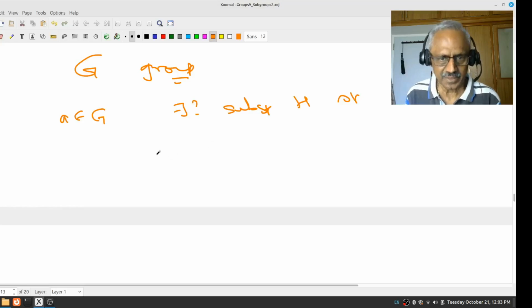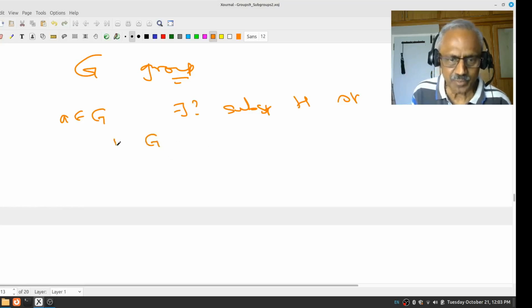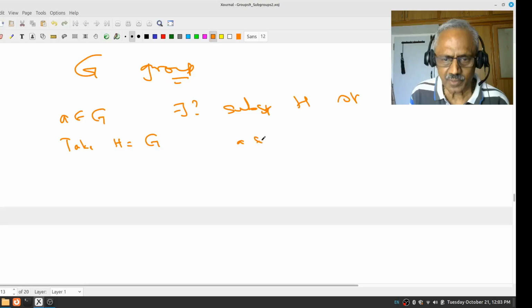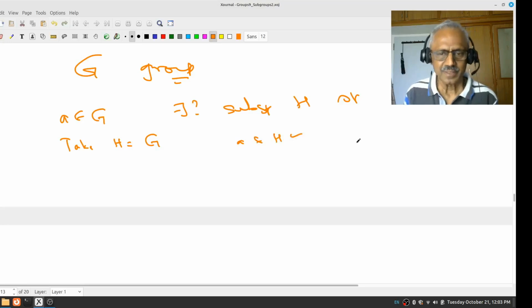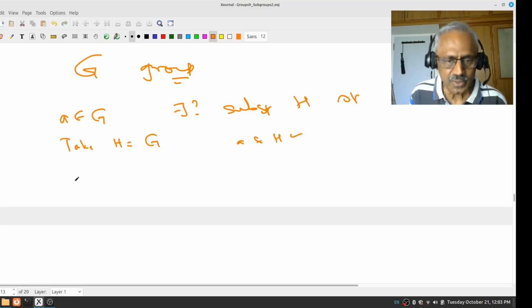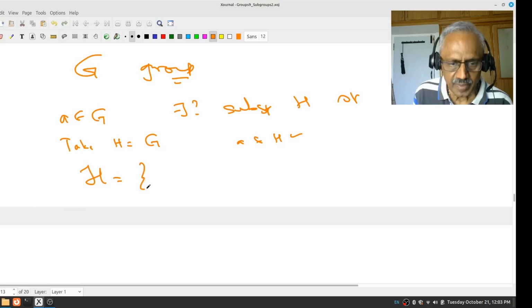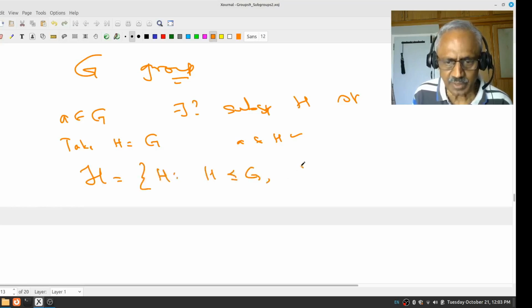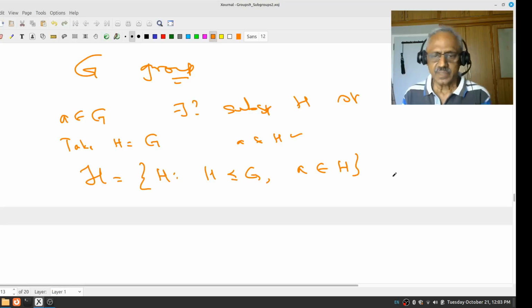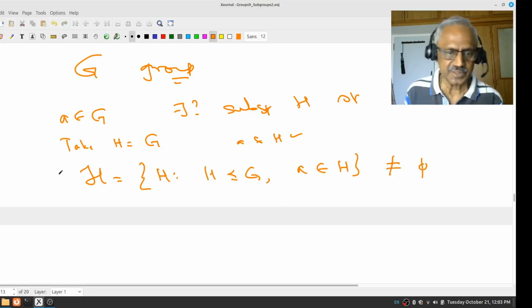That is obvious because G itself is a subgroup. Take H equal to G, then A belongs to H. Suppose script H is the family of H where two conditions hold: H must be a subgroup of G and A must be an element of H. This family of subgroups is not empty because G itself belongs to this.